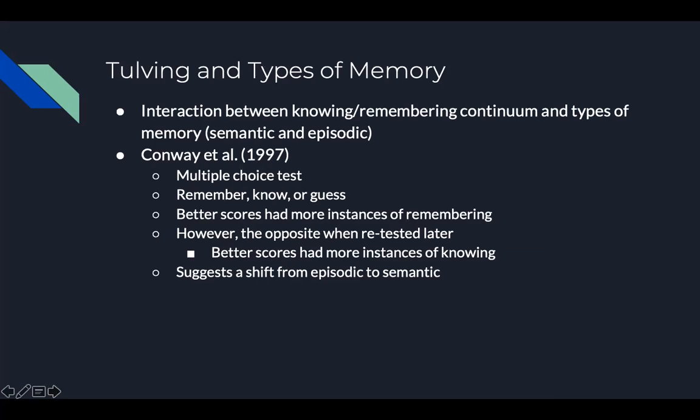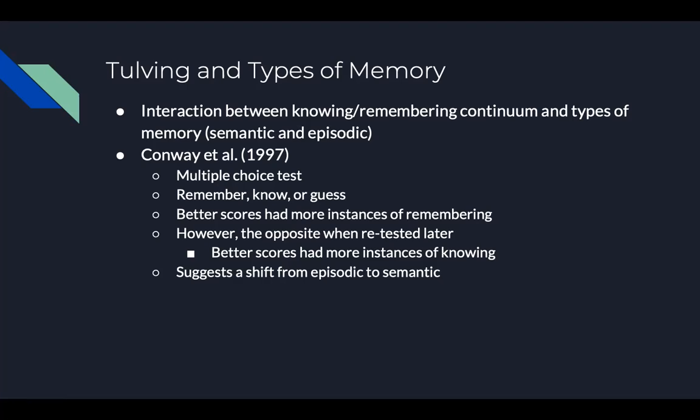And so this leads us to considering a possible interaction between the points on Tulving's knowing and remembering continuum and the types of memory that we've been talking about, so semantic and episodic memory. We do see some interaction here that helps us understand memory in a more unique and nuanced way.